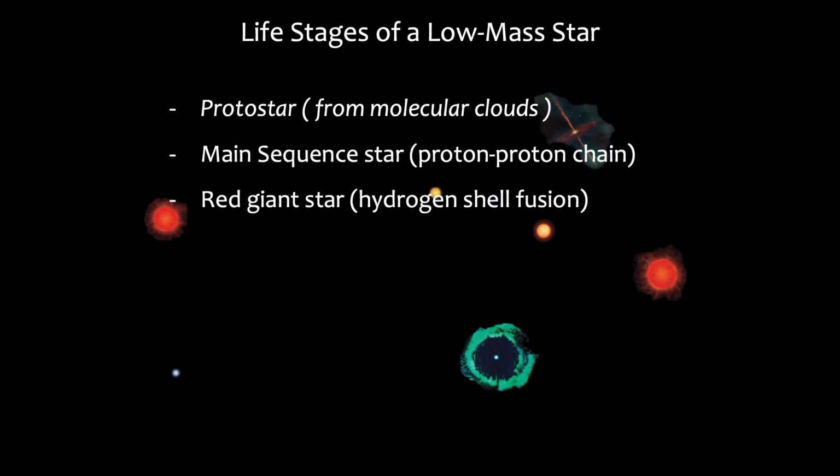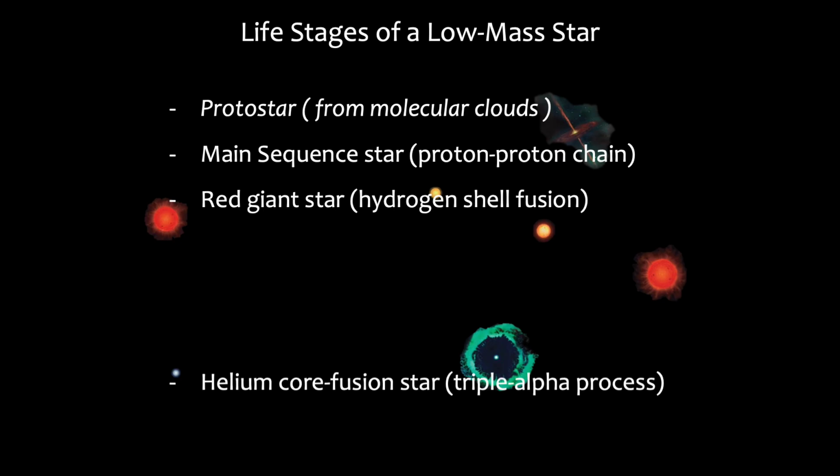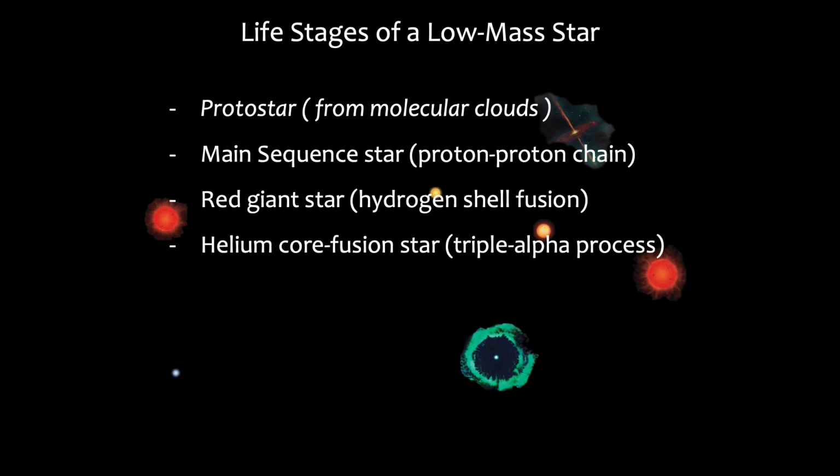Once that ends, hydrogen shell fusion begins, and we go through a subgiant stage, reaching the red giant star. We're going to have a helium flash, and then the result will be helium core fusion stars, because now the helium is going through the triple alpha process, burning into carbon.